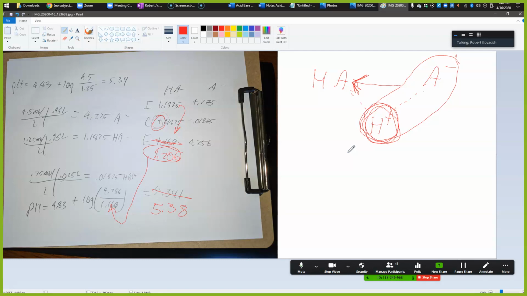Does that make sense? Minus. So it's always going to be the same with these buffer problems. Whatever the change is, one of the two is going to go up and one of the two is going to go down by the same amount.